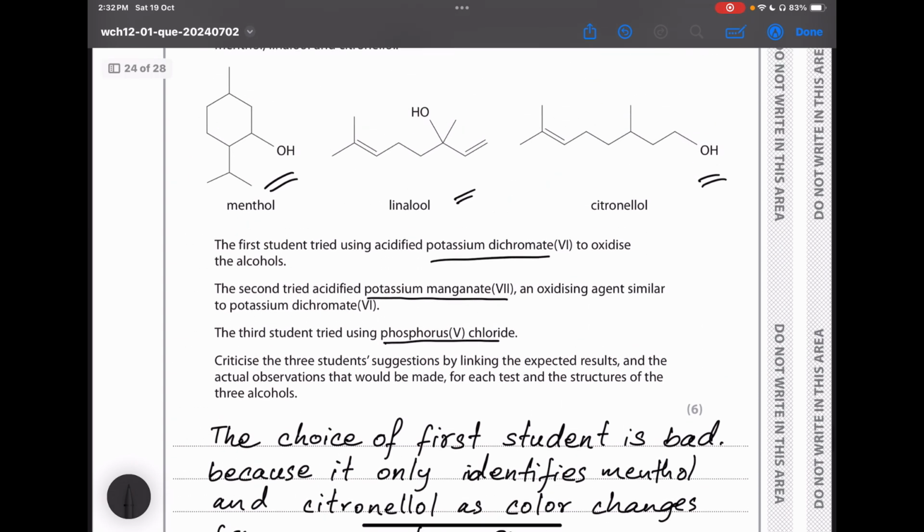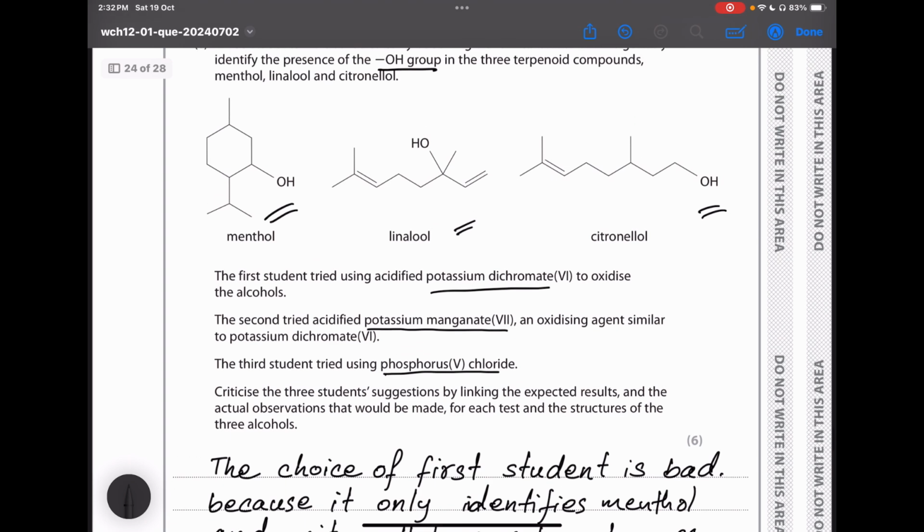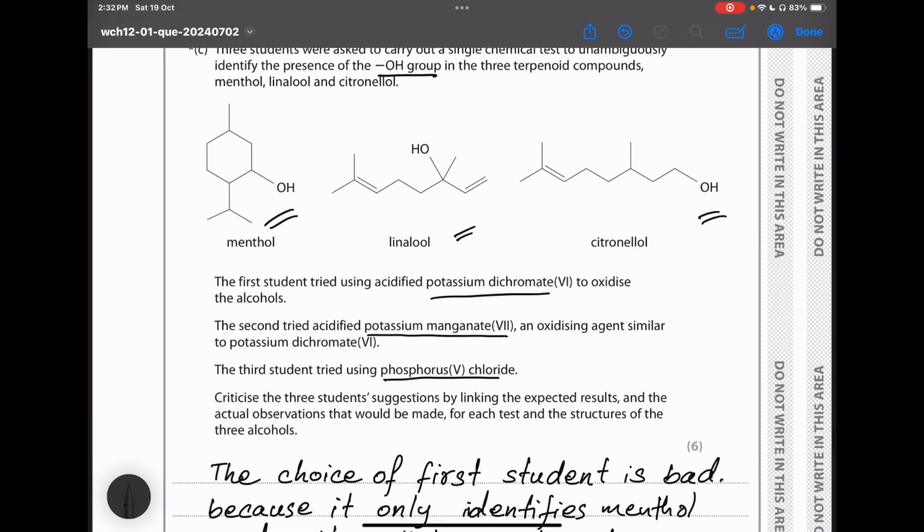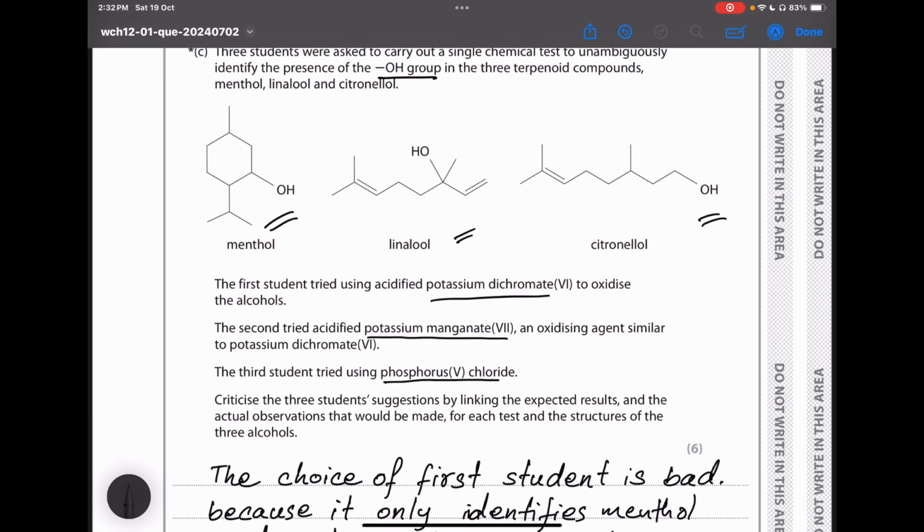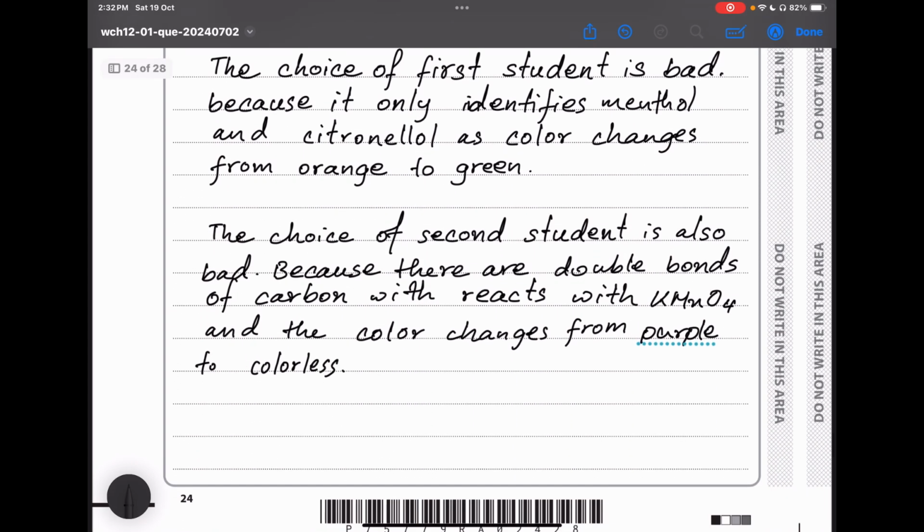So basically, acidified potassium permanganate is actually going to react with linalool because they have the double bonds over here, right? And they also have a double bond over in citronellol. So they will react with this one and this one, also this one. So it does not actually justify whether there are OH or just carbon-carbon double bonds, right?